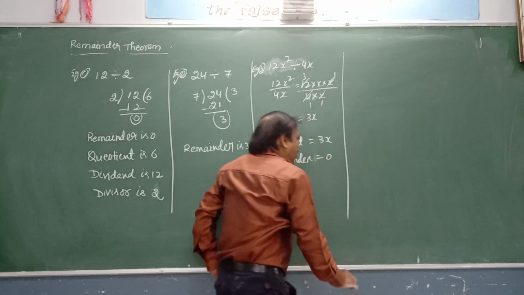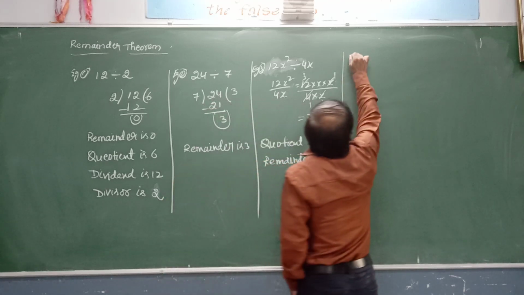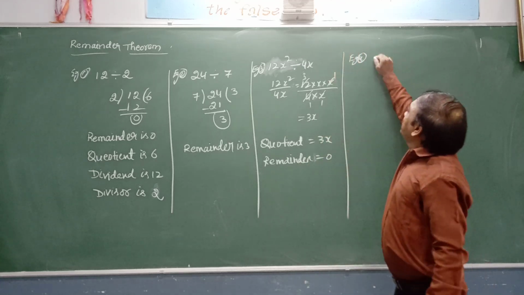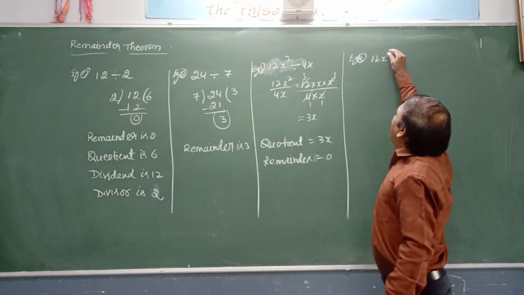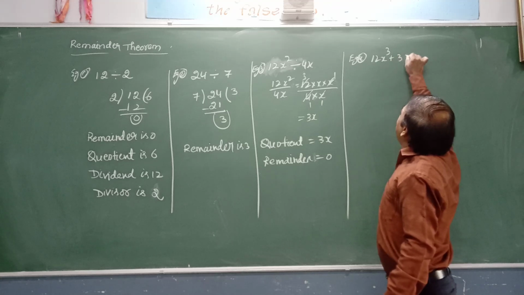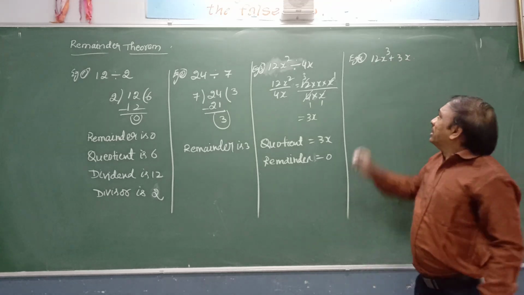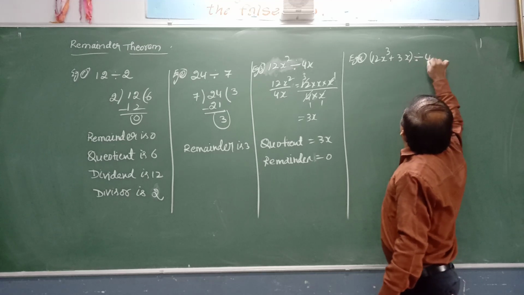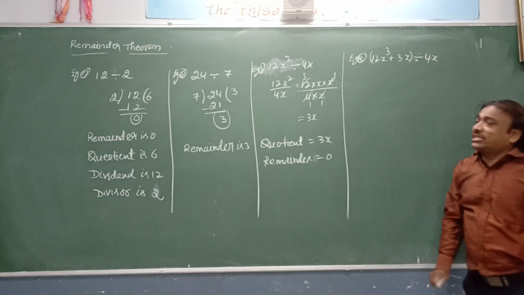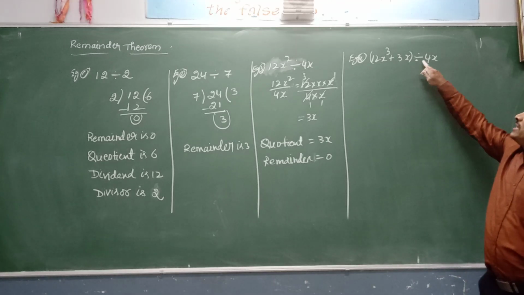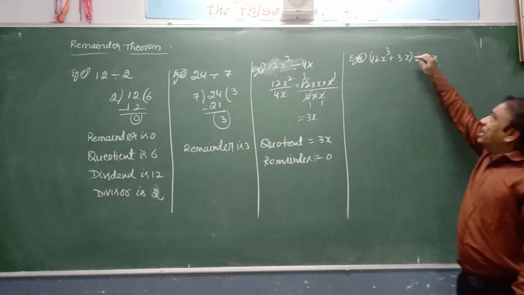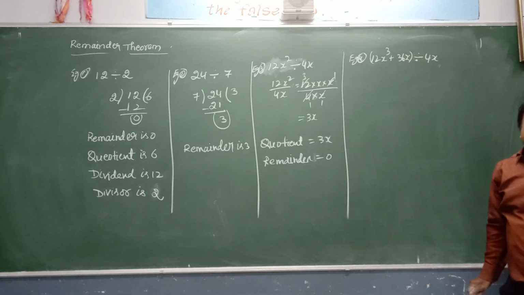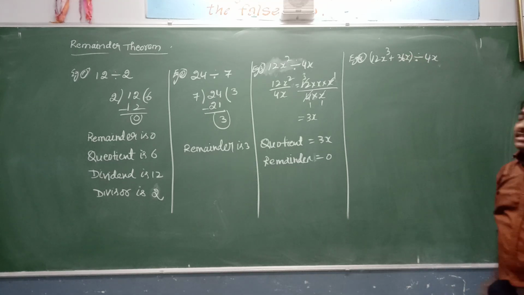Now you see one more example, example 4. 12x cube plus 36x whole thing divided by 4x.